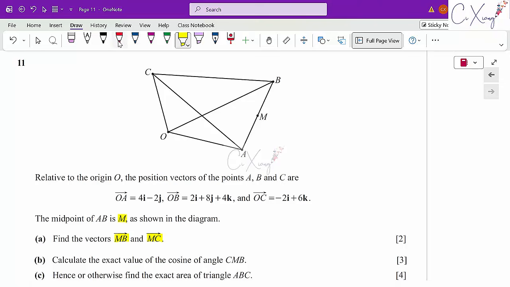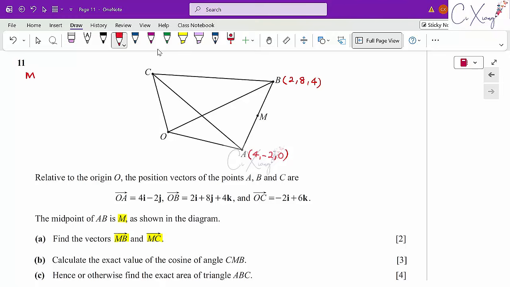Just a reminder, for the midpoint, usually in vector form, I will use coordinate geometry to find the midpoint. To me, I feel that it is easier. For A, you have the coordinates 4, -2, and 0, because you have 4i minus 2j. Then for B, you have 2, 8, and 4.